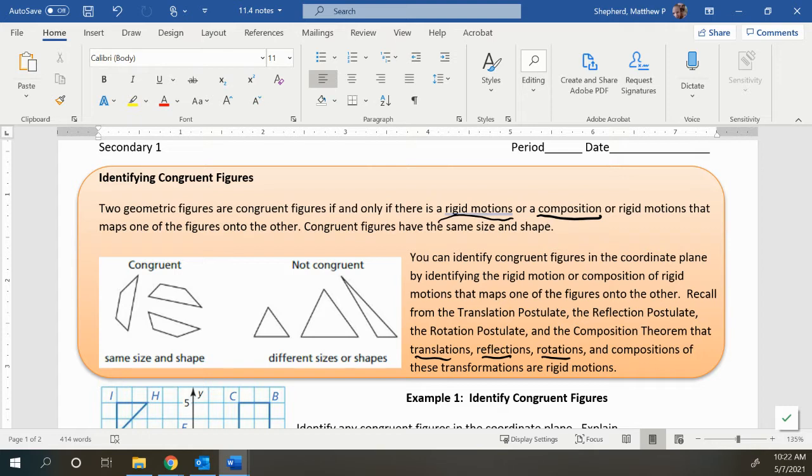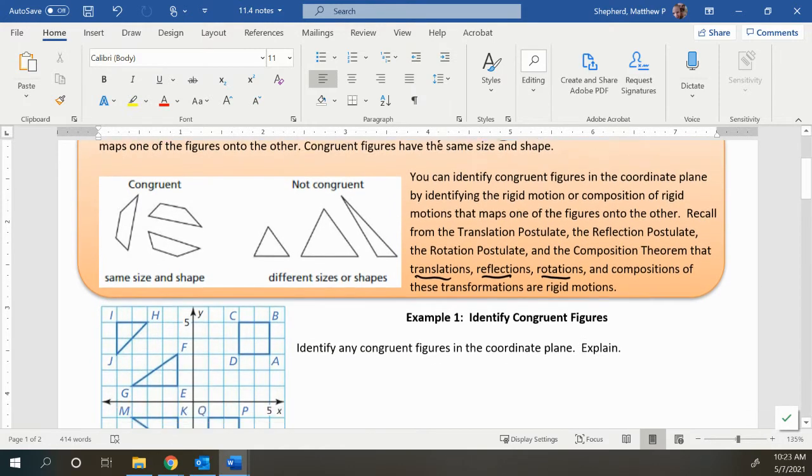We can also use that knowledge that one figure created another through a rigid motion to prove that they are congruent. So if we know that one figure is a translation of another, and we know translation is a rigid motion, it therefore proves that the two figures are congruent.